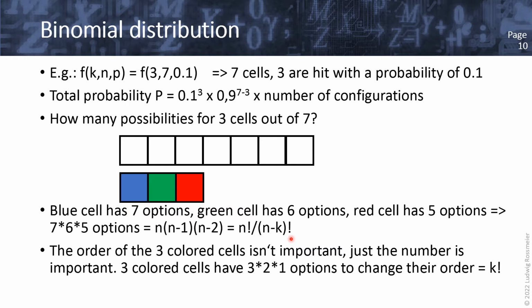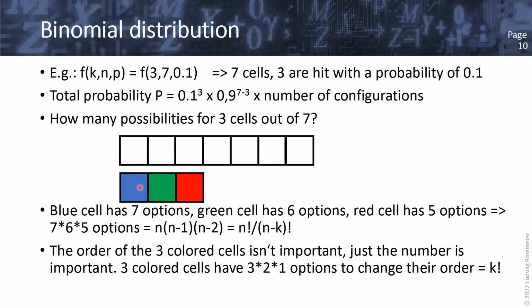Now, the order of the 3 colored cells isn't important. It's just to make up the mind how many configurations we have. So that means we have to divide by the number of configurations which these 3 cells have. And again, the same applies as before, but now we have 3 empty places with 3 colored boxes.